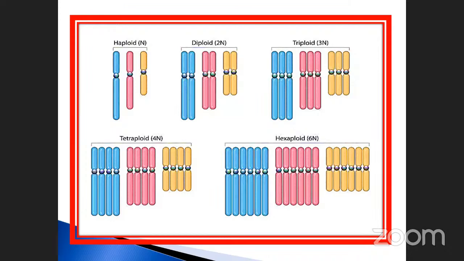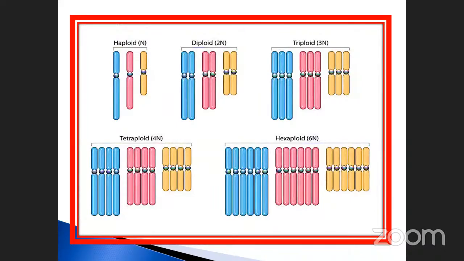When we studied mitosis and meiosis, the diploid nature is divided into haploid. Sometimes it happens as triploid, tetraploid and hexaploid, when one plant's genes are added with another's genes.